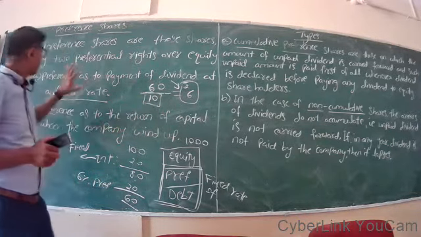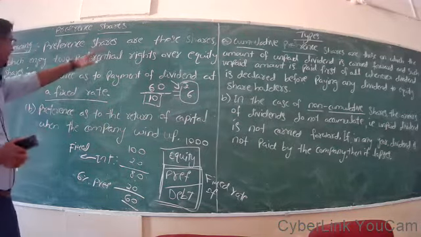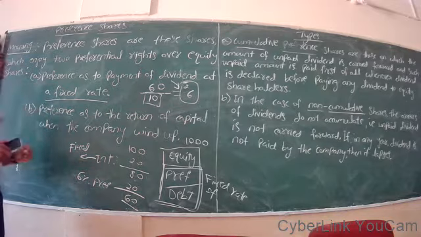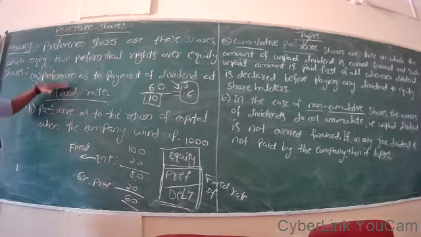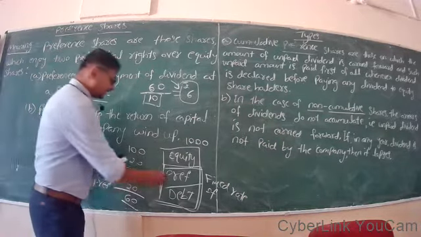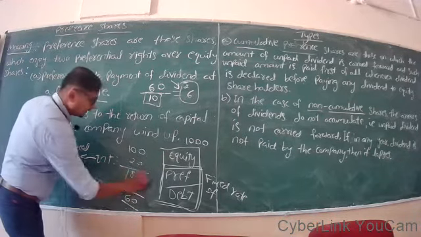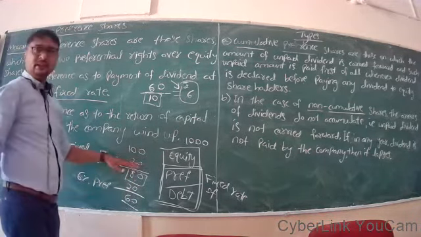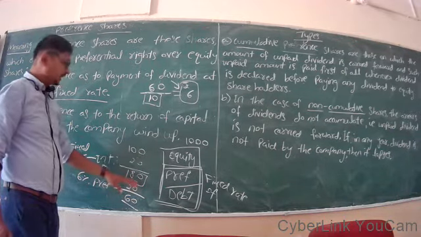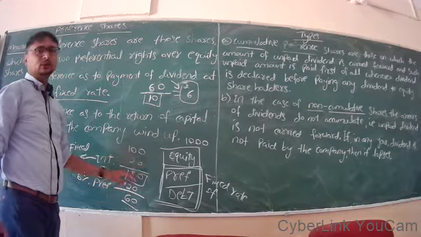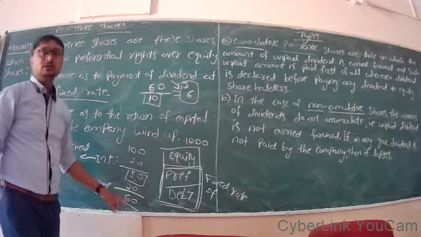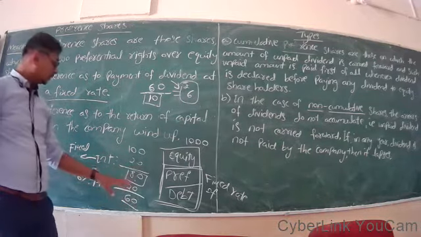Preference shares are those shares which enjoy two preferential rights. One is preference as to payment. After paying interest to the financial institution or bank, the remaining profit is distributed first to preference shareholders, and equity shareholders come next.